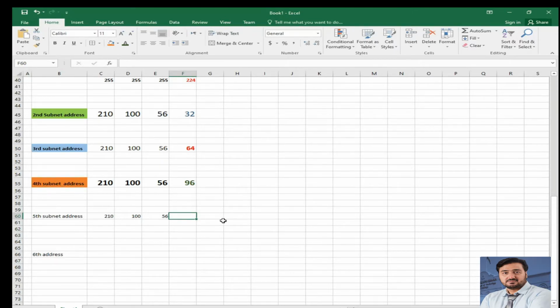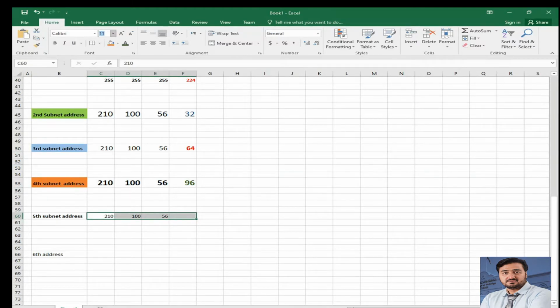What is our fifth subnet address? Can you tell me? Please tell me what should be the value here.